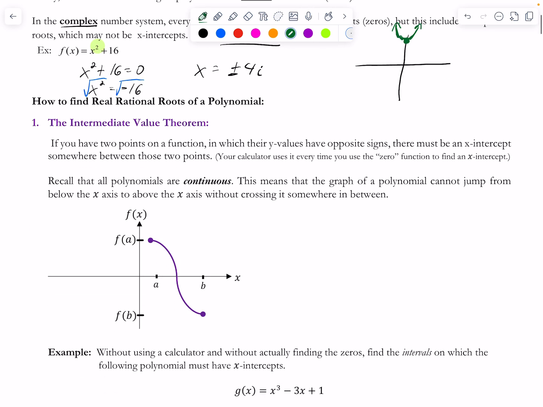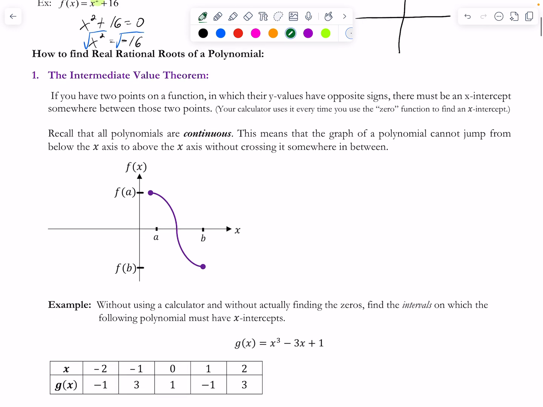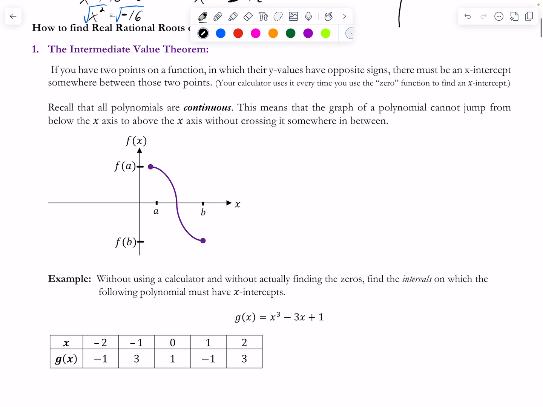Okay, let's do another theorem. This is great for you guys to see now, especially a couple years before calculus. You're going to see this definitely in calculus. This is called the intermediate value theorem. What this states is that if you have a continuous function, and when you plug in 2 different x values, one of those x values spits out a positive y value and the other spits out a negative y value, then at some point, if it's continuous, it's going to have to cross the x-axis to get from one y value to the next.